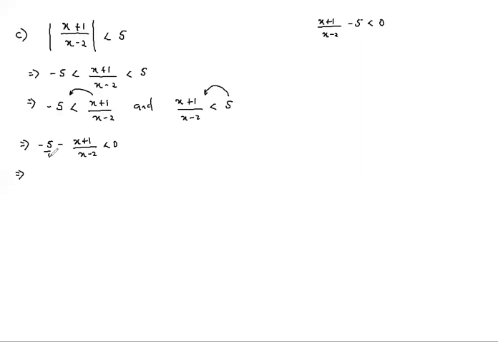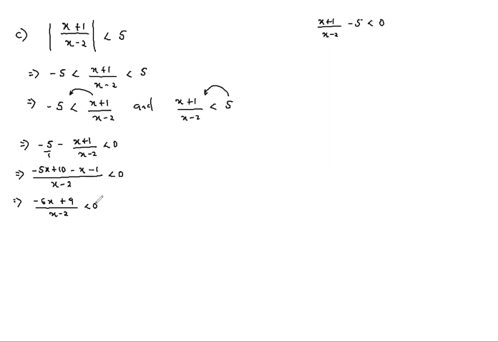We find the common denominator, x - 2. 1 in x - 2 will get -5x + 10. Then the other one will give us -x - 1 < 0, because we're expanding by the negative, so that we get (-6x + 9)/(x - 2) < 0.